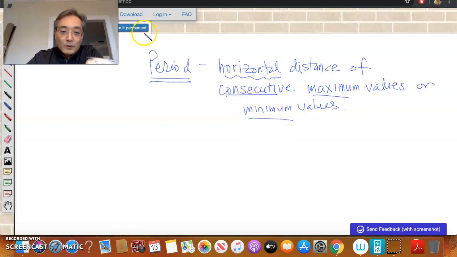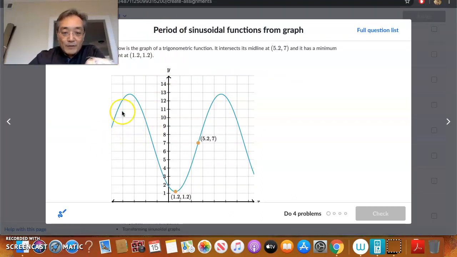Okay, so when we look at this problem, here we have another sinusoidal function example, and the period of this function is going to be the horizontal distance from this max here to that max, okay, or from a minimum to a consecutive minimum.